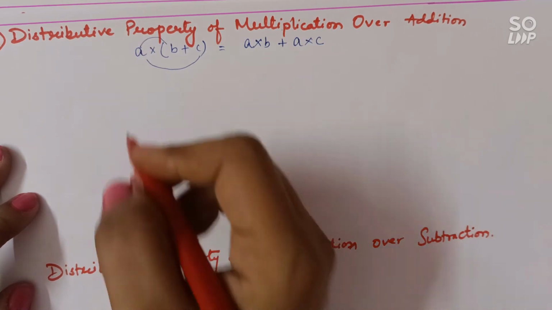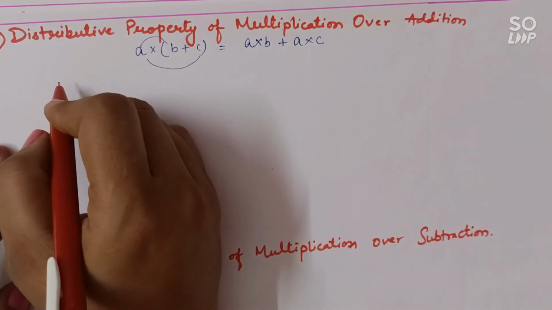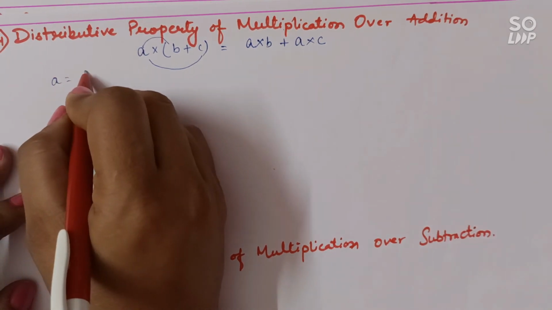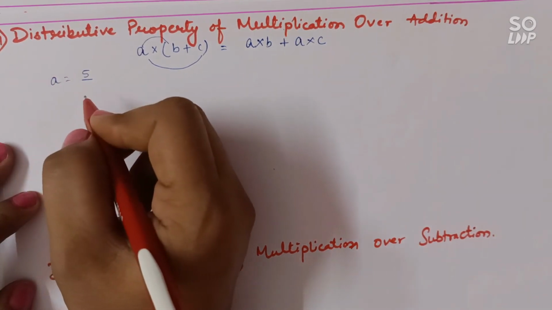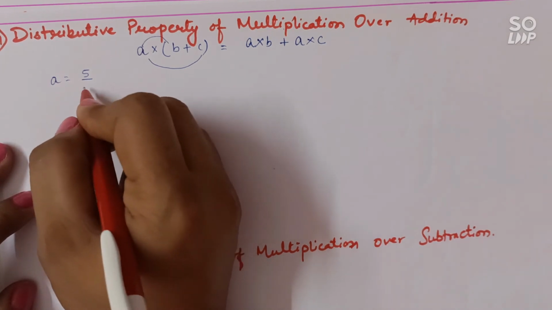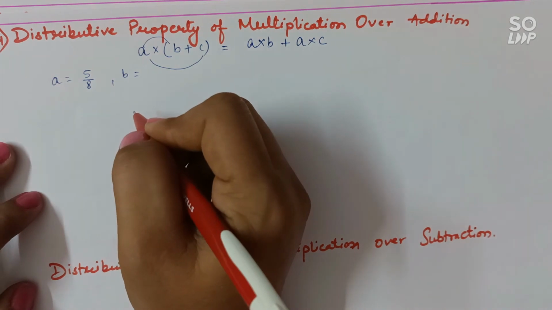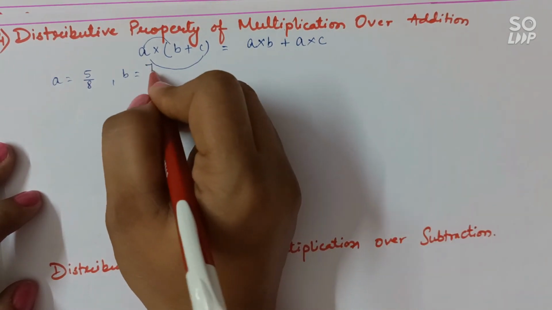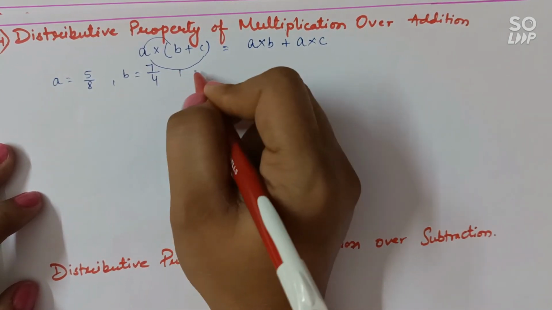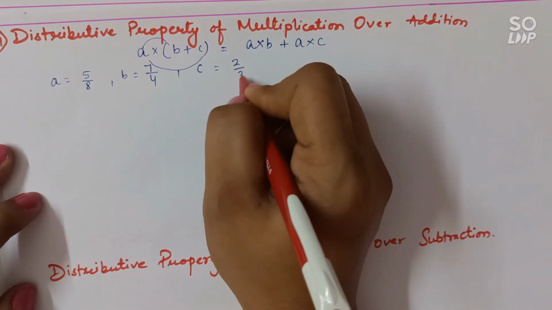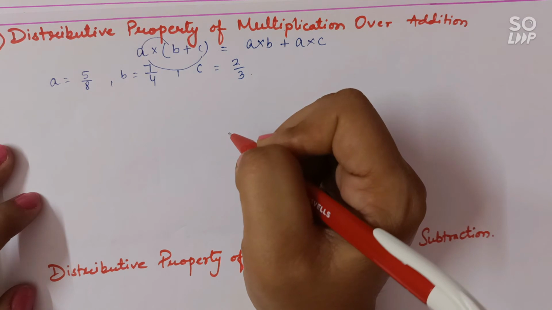So let's check it out. Let's take A as 5 by 8, B as 7 by 4, okay, and C as 2 by 3, okay.